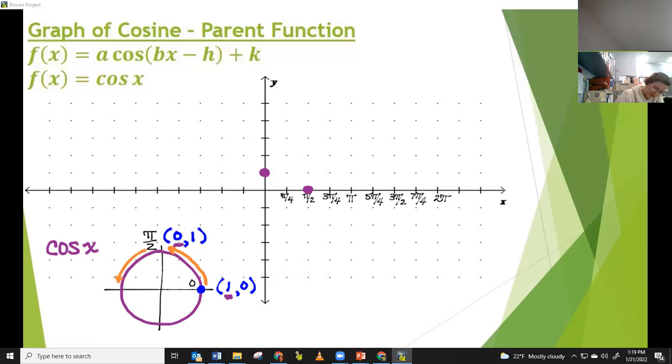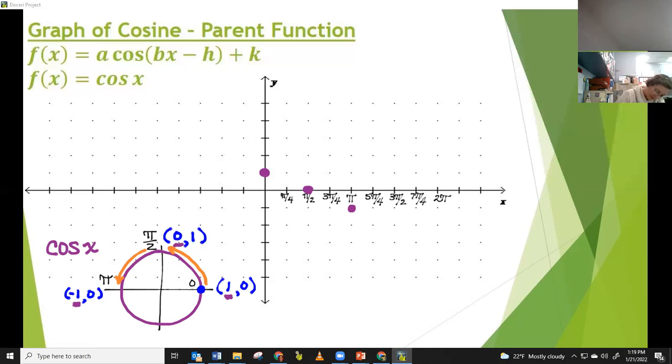Continue around the unit circle, and I get over here to pi radians. What is the cosine value of pi radians? -1. So at pi radians, we dip down to -1.